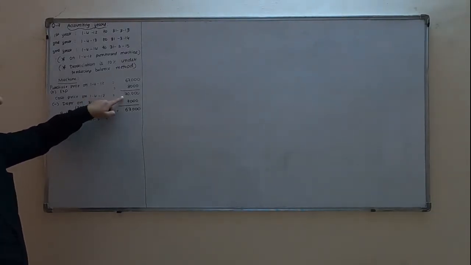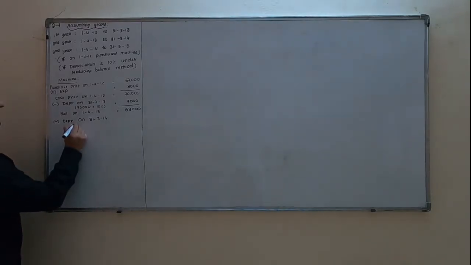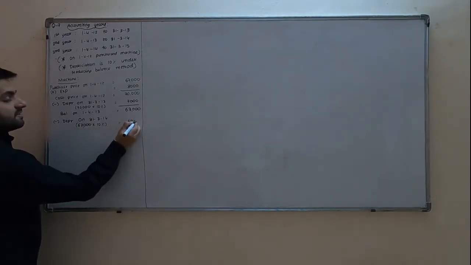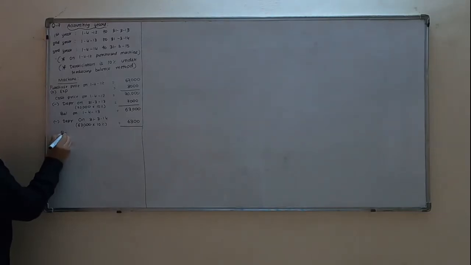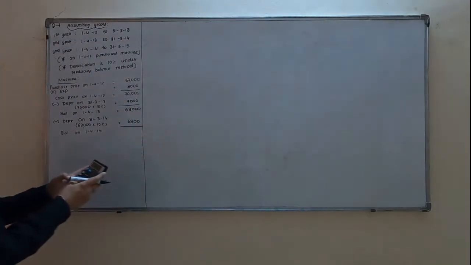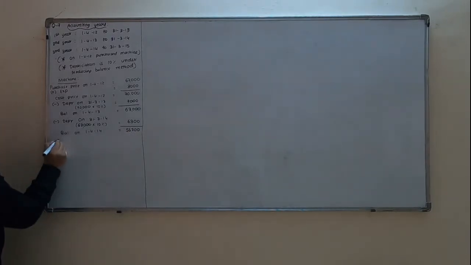Normally in the previous sums depreciation is always on 70,000, that is the cost price. Now it is not like that. Now the balance is 63,000, so 63,000 multiplied by 10% is 6,300. Now the balance on next year 1/4/14: 63,000 minus 6,300 is 56,700.